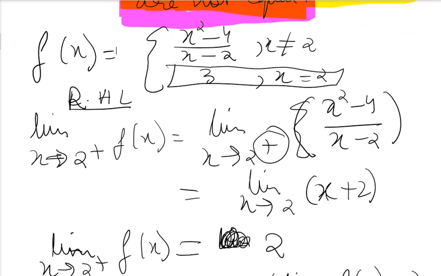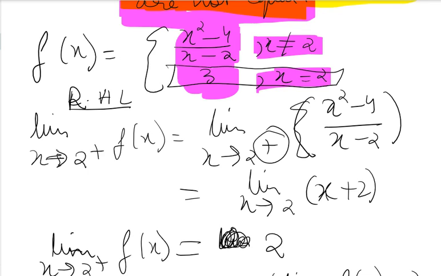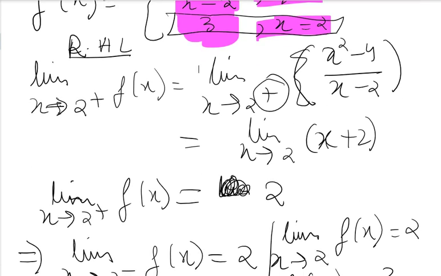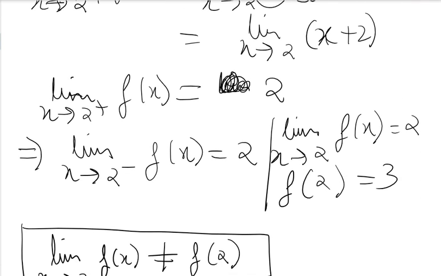You can see the example given where f of x is this whole function. When x is not equal to 2, this will happen, and when x is equal to 2, it will be 3. When I'm finding the RHL and LHL, the limit of the function is coming as 2.